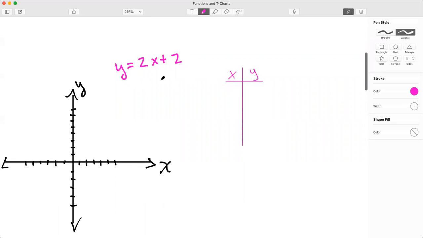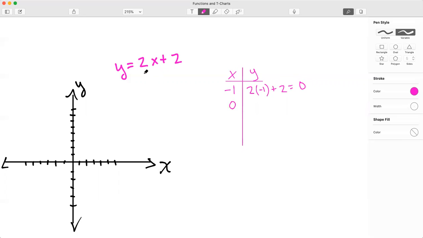So let's input -1 for x. Then y is 2 times -1, right where the x is, plus 2, which is -2 plus 2, or 0. So an input of -1 gives an output of 0.